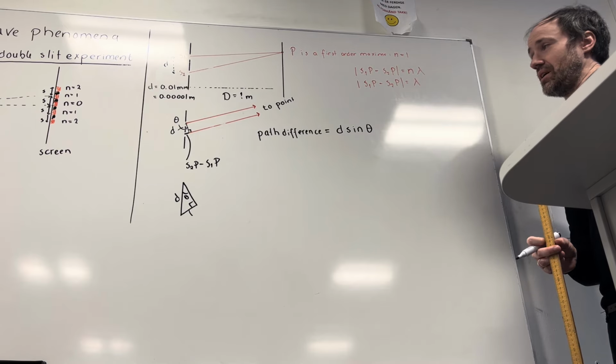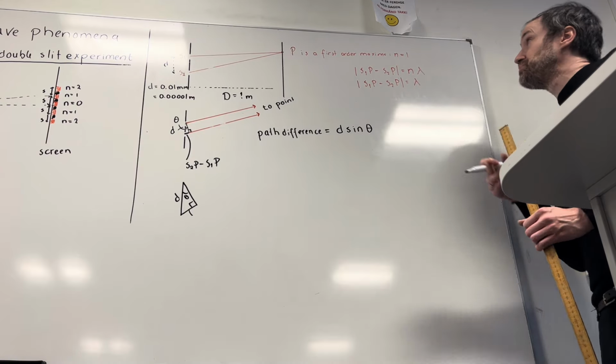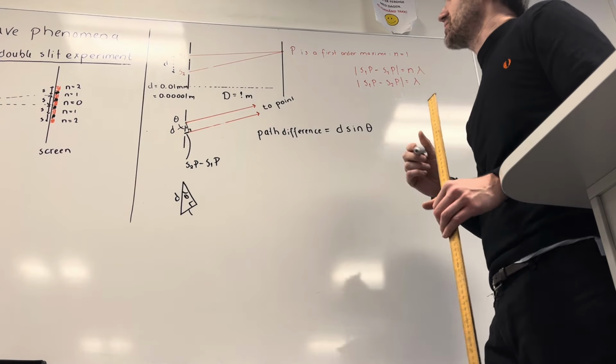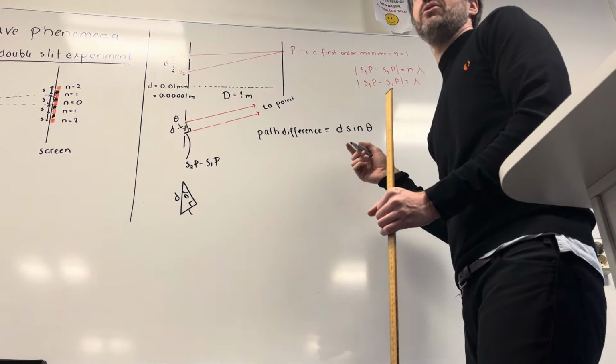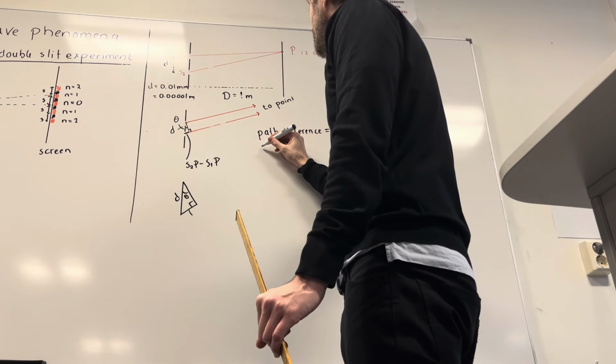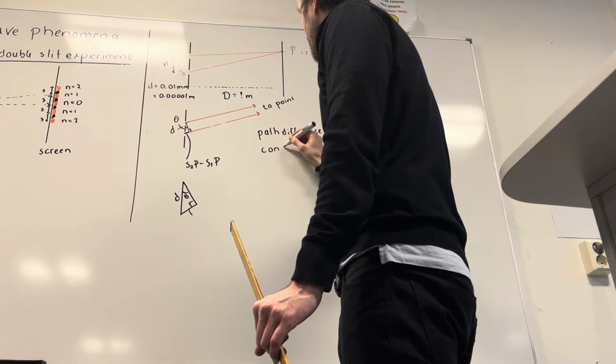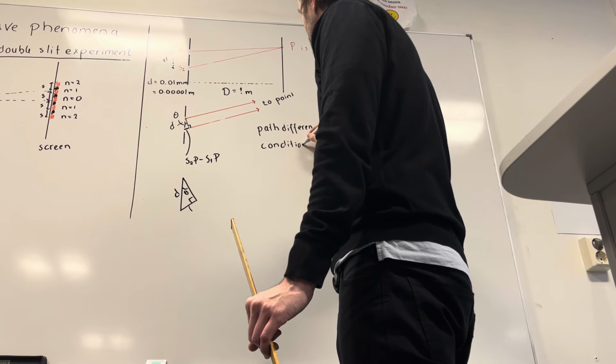Nice. All right. So that's the path difference. So that means that now we know the path difference, we can find a new condition for constructive interference.